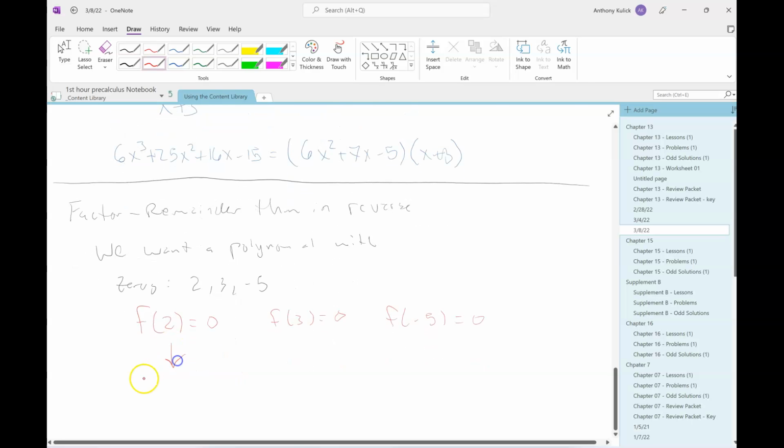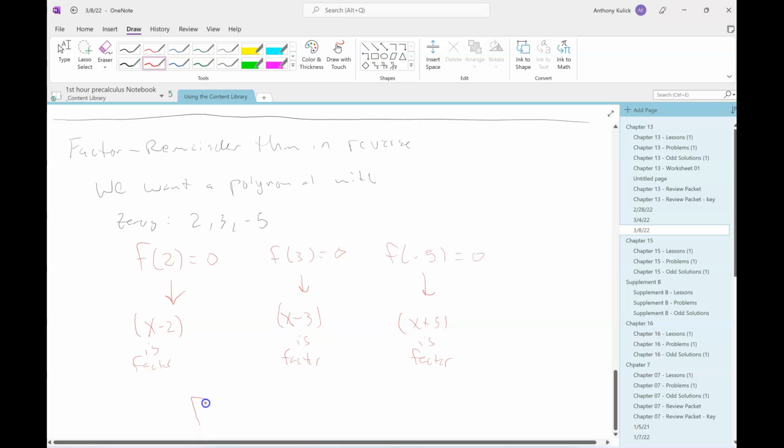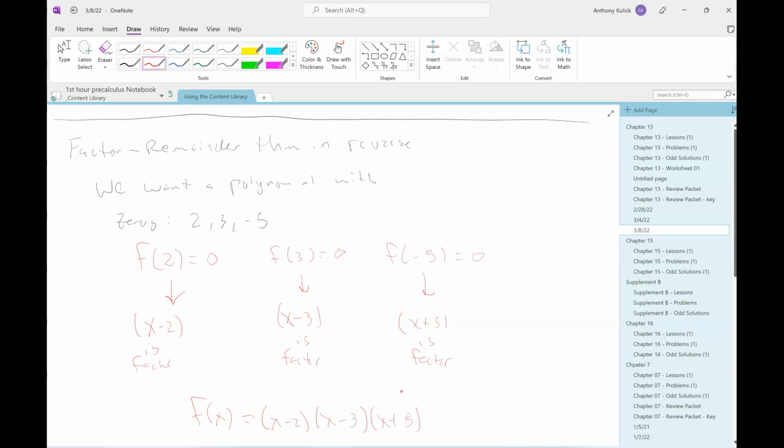What that means then is x minus 2 has to be a factor. x minus 3 has to be a factor. And x plus 5 has to be a factor. So my polynomial then should be like that. And if you wanted to FOIL those out, that would be fine.